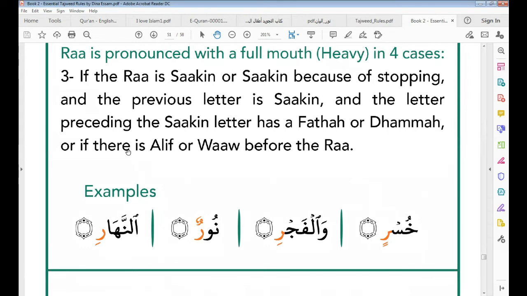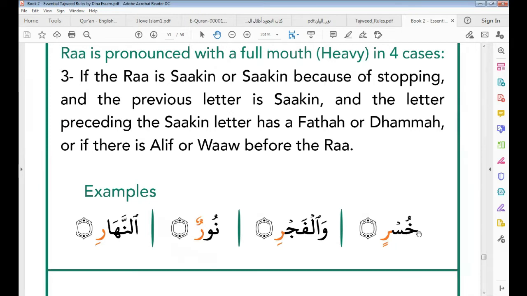Like what? The first one here, we have the ra, it's a stopping point. So we have a stop. When we stop here, we will stop with a sukun. It's not an original sukun, but we will stop with it. So the second letter has a sukun sign, and the first letter has dhamma. So this will also be heavy.